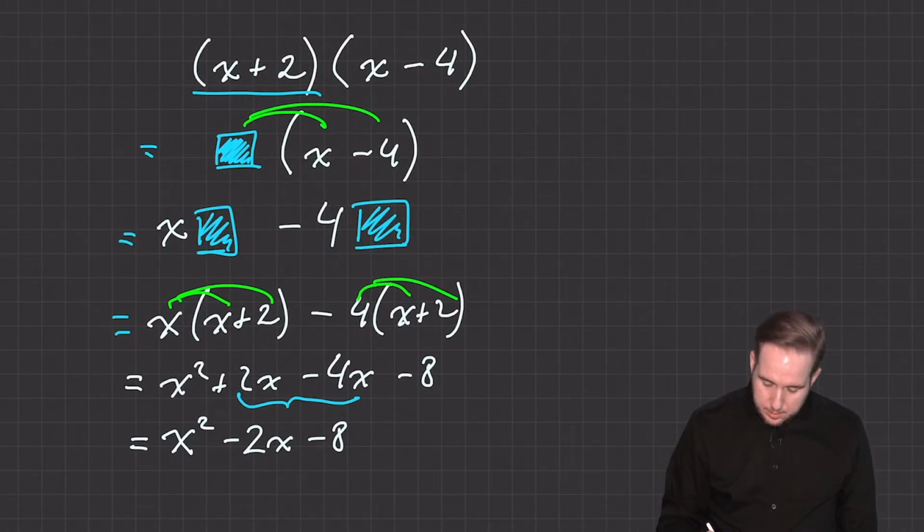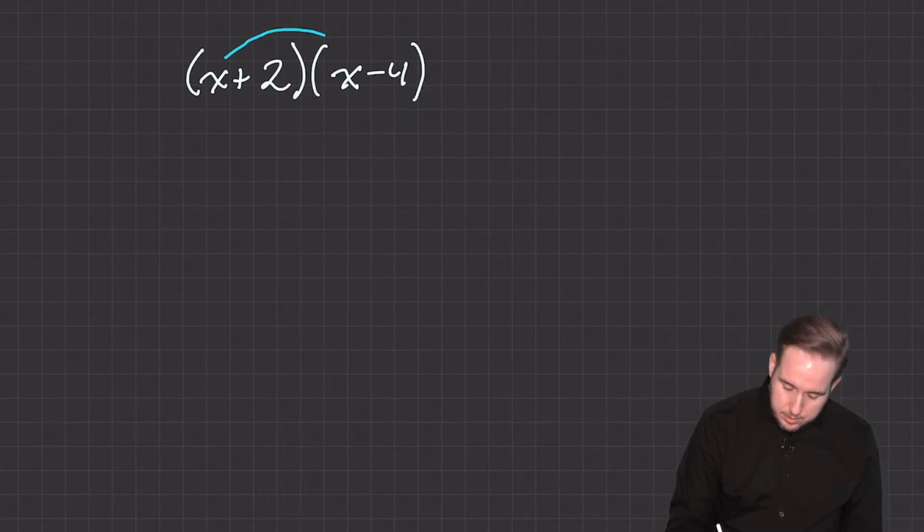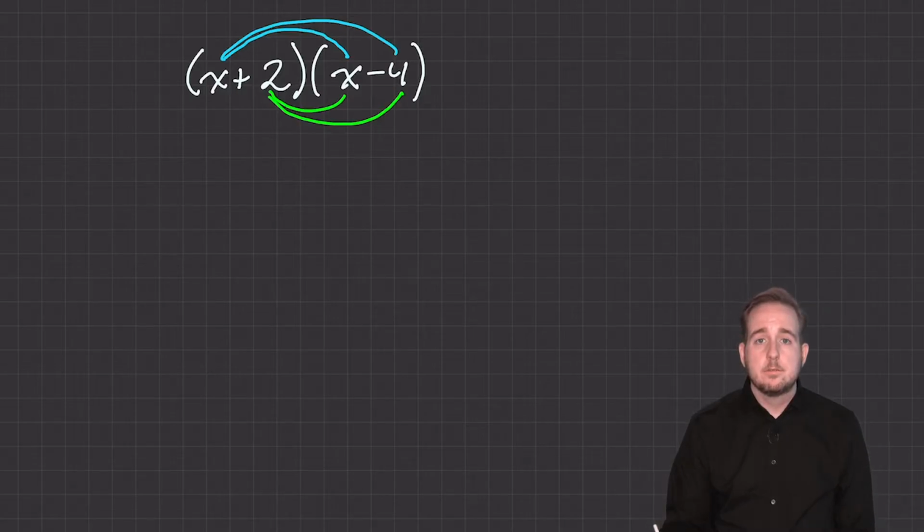So these lines go from one term to the other 2, and these lines go from one term to the other 2. So I can recreate all of those lines, and they look like this. I go one from here to here, one from here to here, one from here to here, one from here to here.